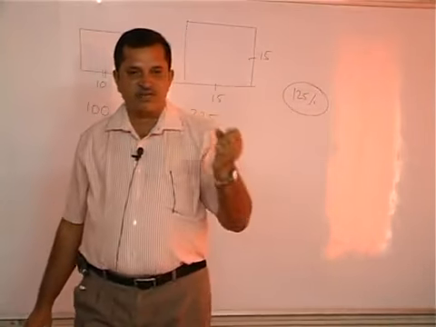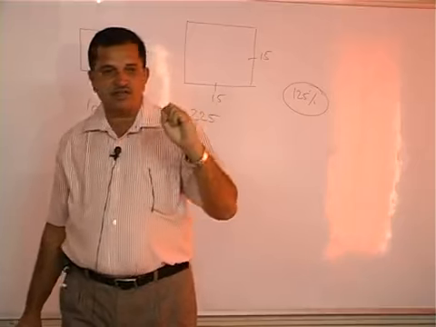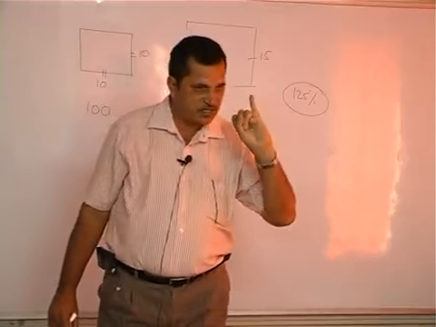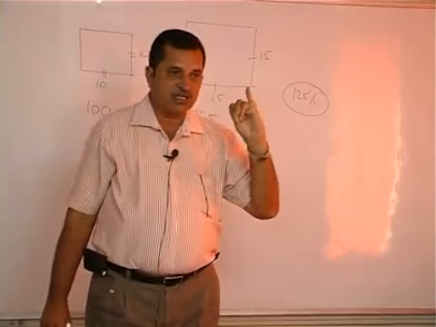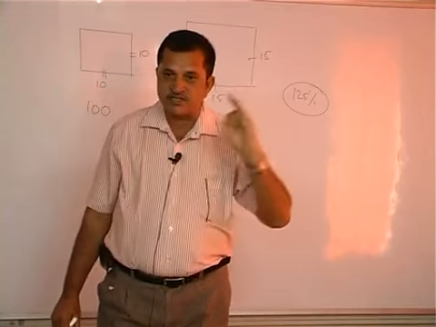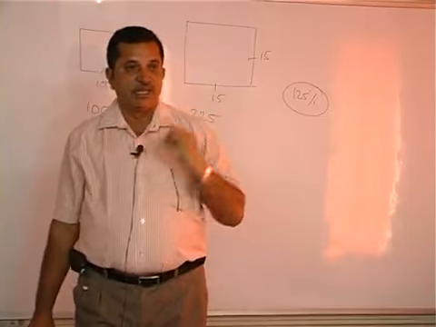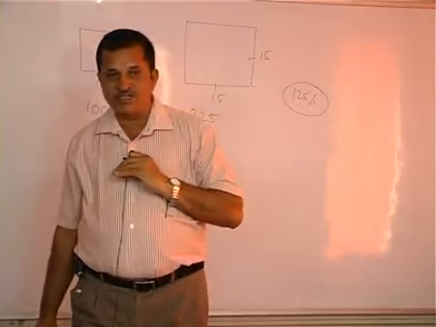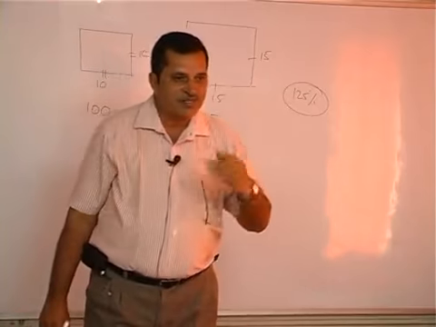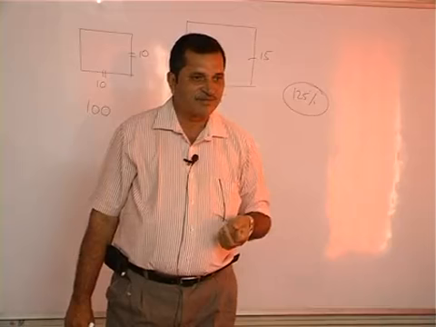If each side of a square is increased by 50%, what is the percentage increase in the area? If the perimeter of a square is increased by 50%, what is the percentage increase in the area? If the length of the diagonal is increased by 50%, what is the percentage increase in the area? What are the other possibilities?